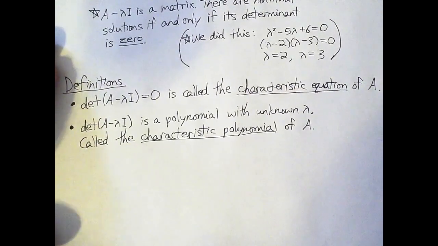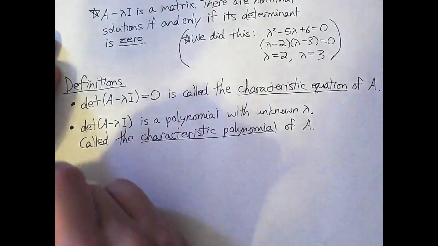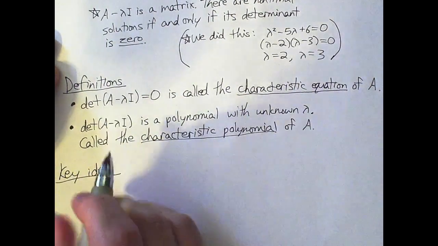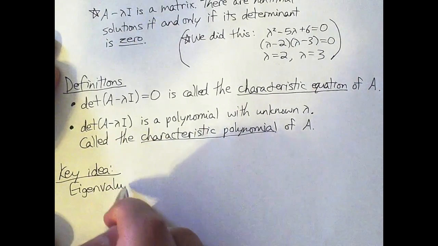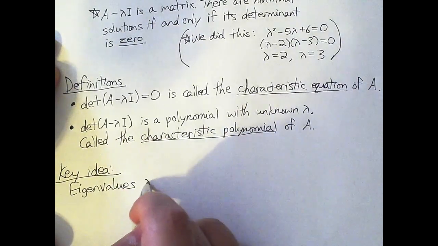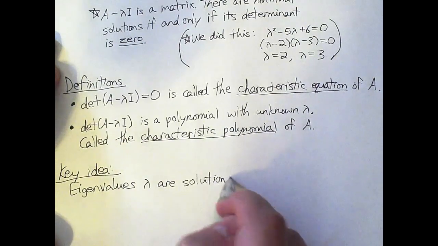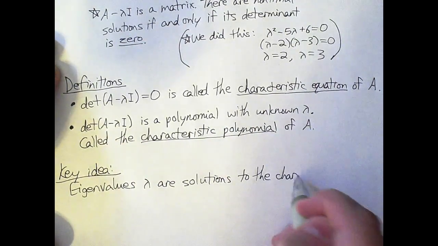So this is why I said the characteristic equation is something that we've already seen before. We just didn't really give it that name until now. I'll tell you a key idea: eigenvalues, lambda, are solutions to the characteristic equation.